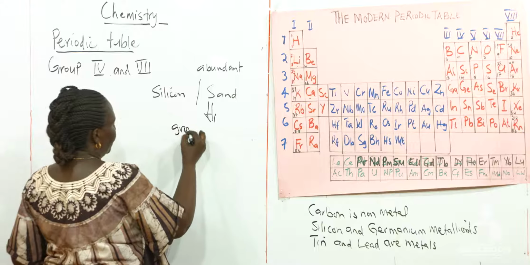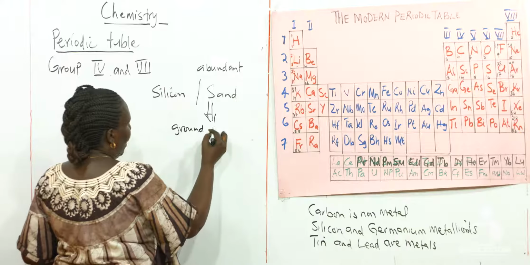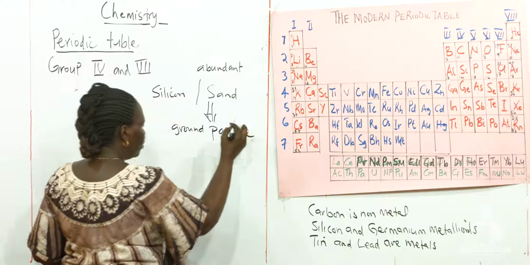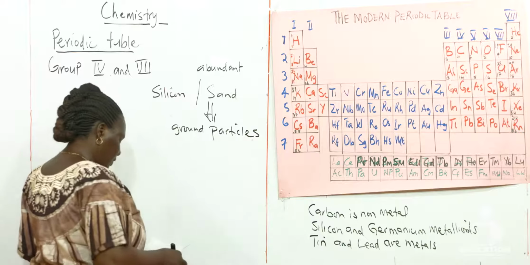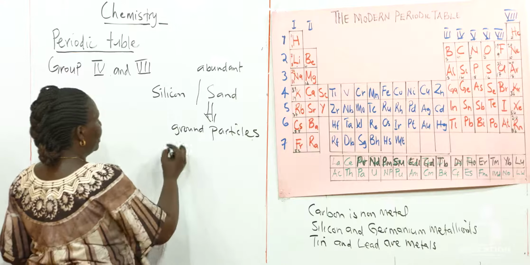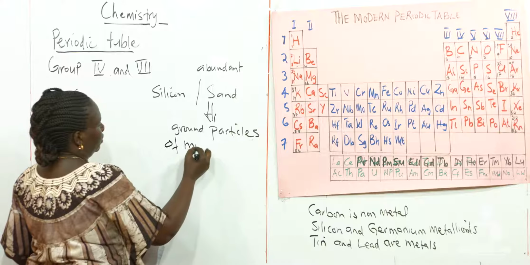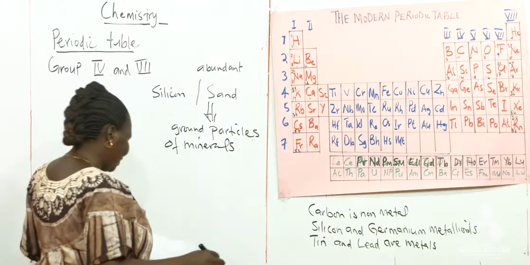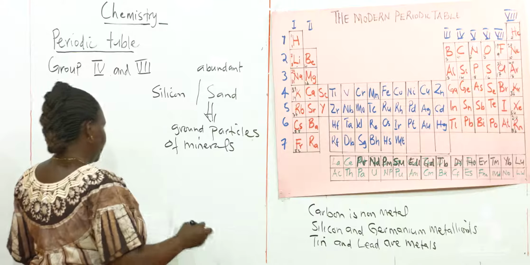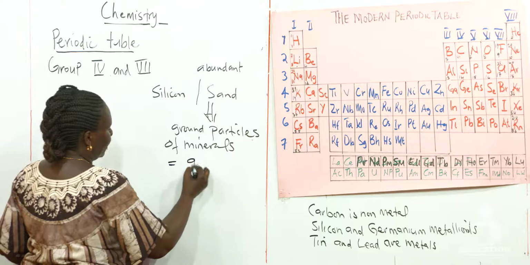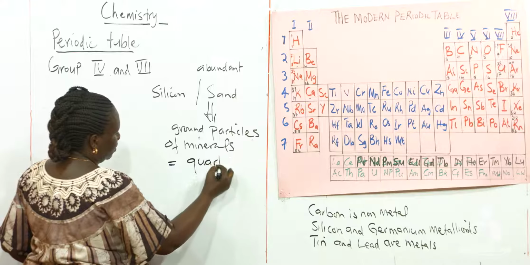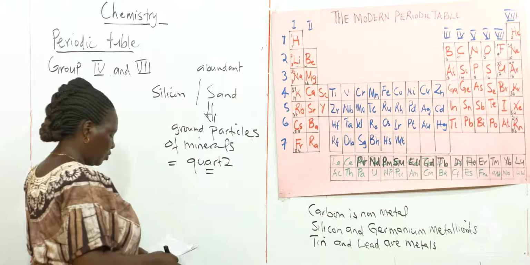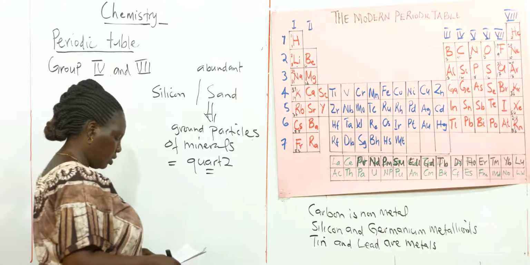Sand contains ground up particles of minerals. So in sand we can get particles of minerals, for example quartz. Quartz is a mineral that contains silicon.